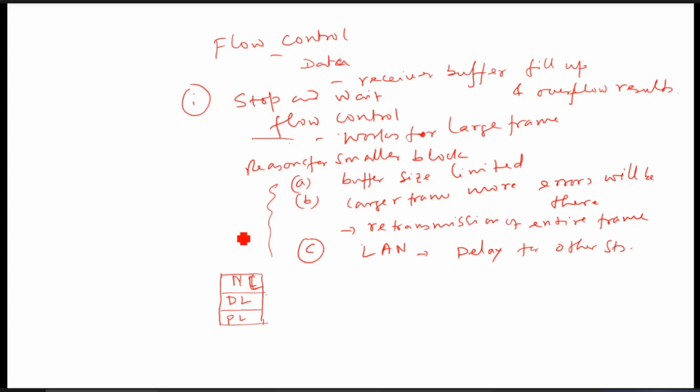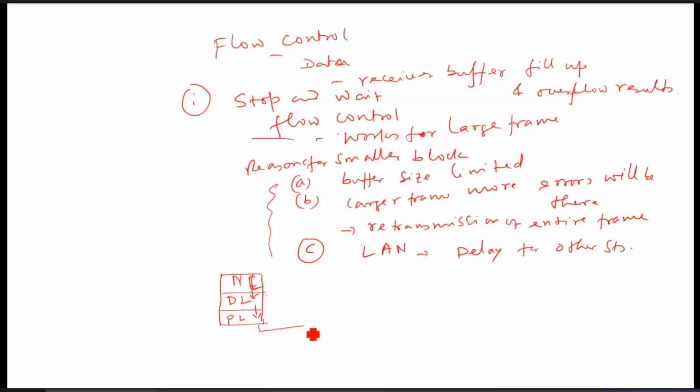User data will be passed to the presentation layer, session layer or transport layer. Next there will be the network layer, then it will go to the data link layer, and next it will be communicated to the other station through the physical layer, through guided or unguided mediums.